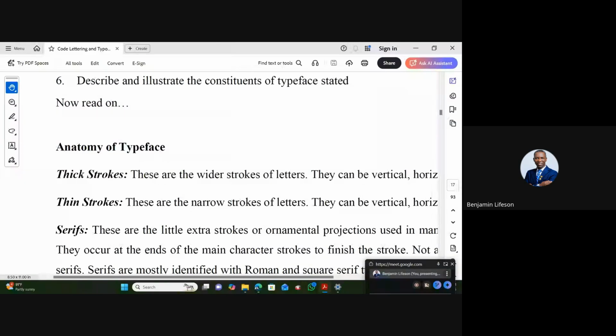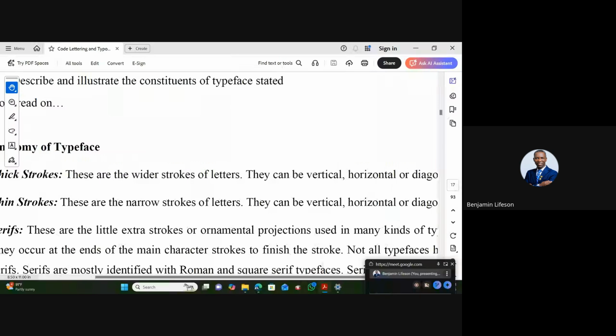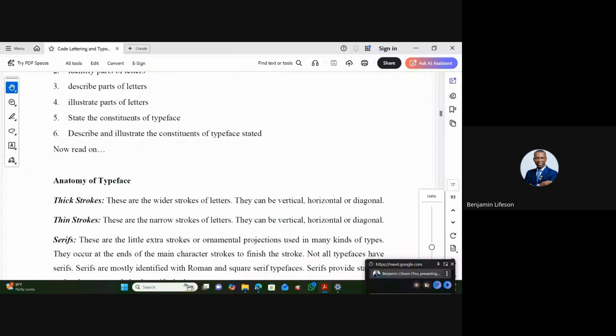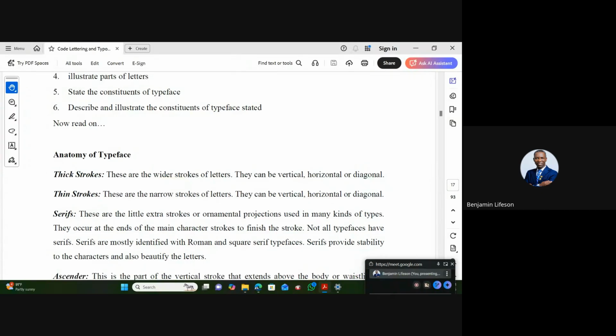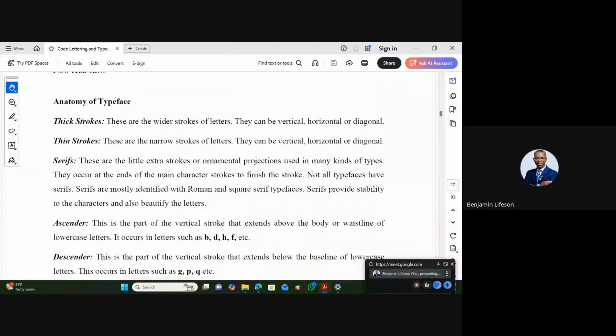The thin strokes are the narrow strokes of letters, and they can also be vertical, horizontal, and diagonal. So the opposite of thick stroke is thin stroke. We also mentioned serifs in our previous section. Serifs are ornamental projections used in many kinds of typefaces like the Roman typefaces.